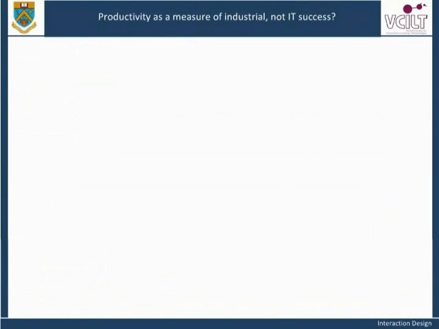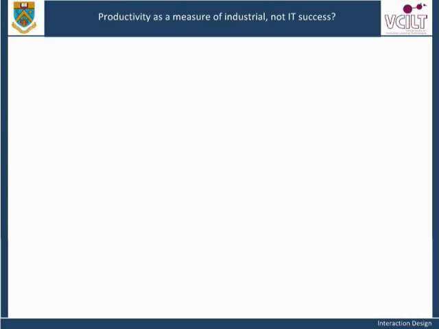Productivity is a measure of industrial success, and it has been argued that it is no more than that, a measure that is useful when a production system has tangible inputs, raw materials, labor, and energy, and has tangible outputs, services that can be sold with an explicit cost, or widgets that can be put in boxes and shipped to customers.